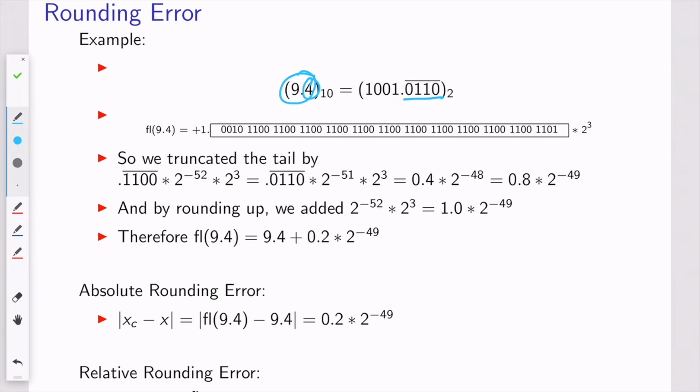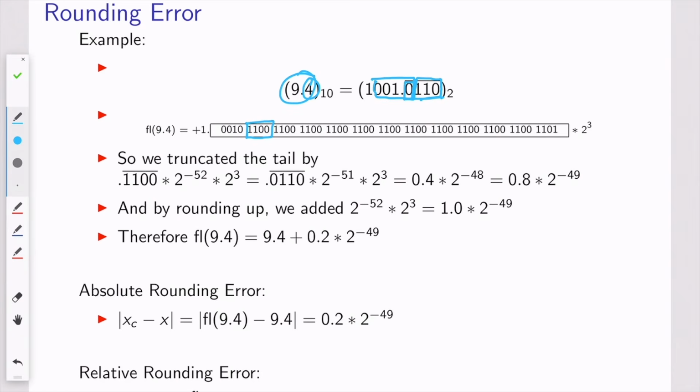And if you put this in floating point format, you get a plus and a 1 dot, and then a 0010. That's these 4 bits here. And then you have to worry about the repeating stuff. So you get 110, and then you go back to the start of your repeating part, 0. So that's where this 1100 comes from, and then it repeats over and over again.